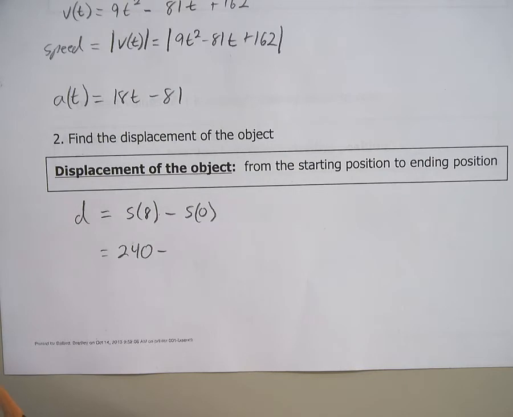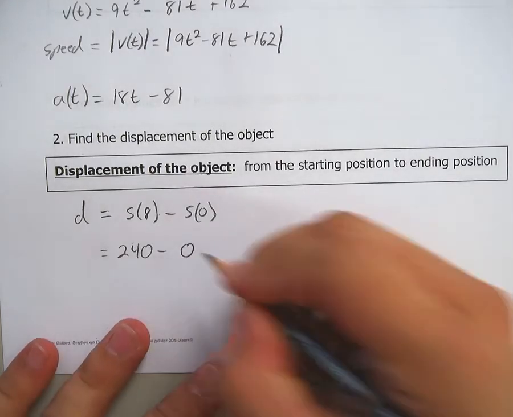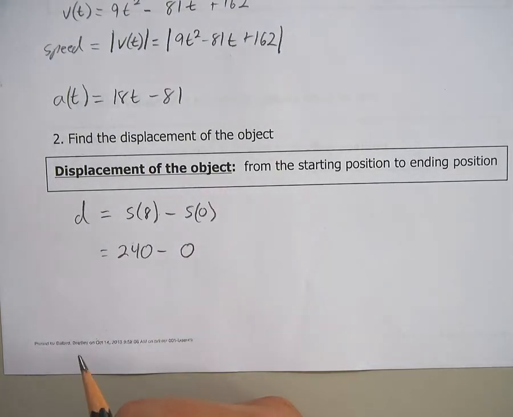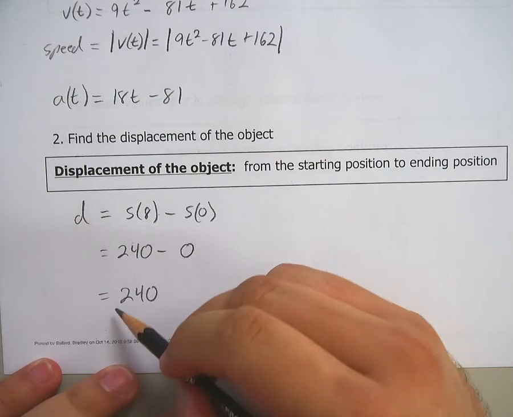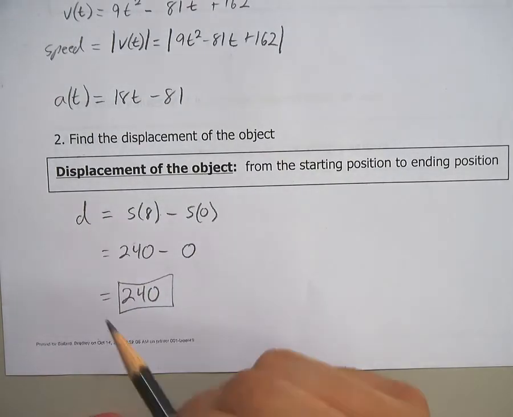And then we're going to subtract. If we plug in a 0 into all those t's, that one's pretty simple. We get 0 minus 0 plus 0, which is all 0. So the displacement here is going to be 240.